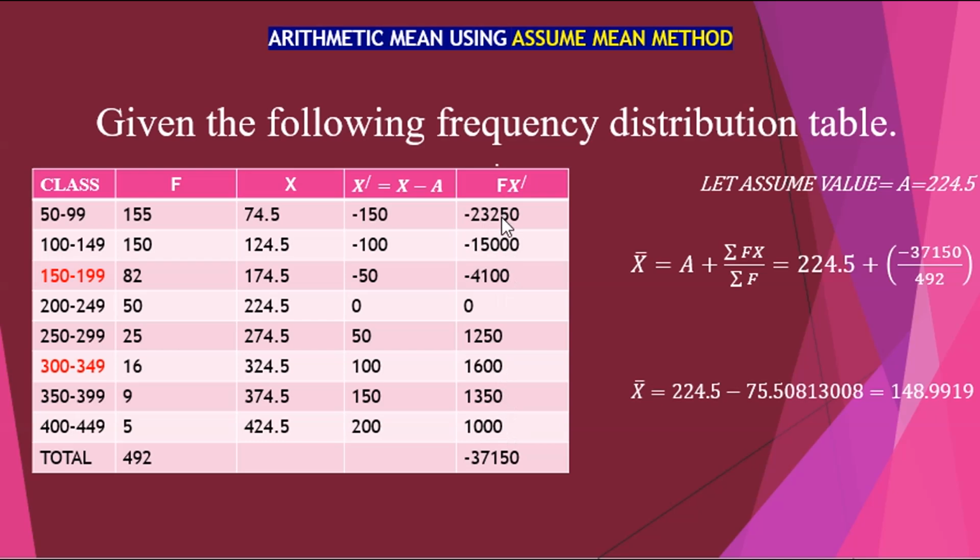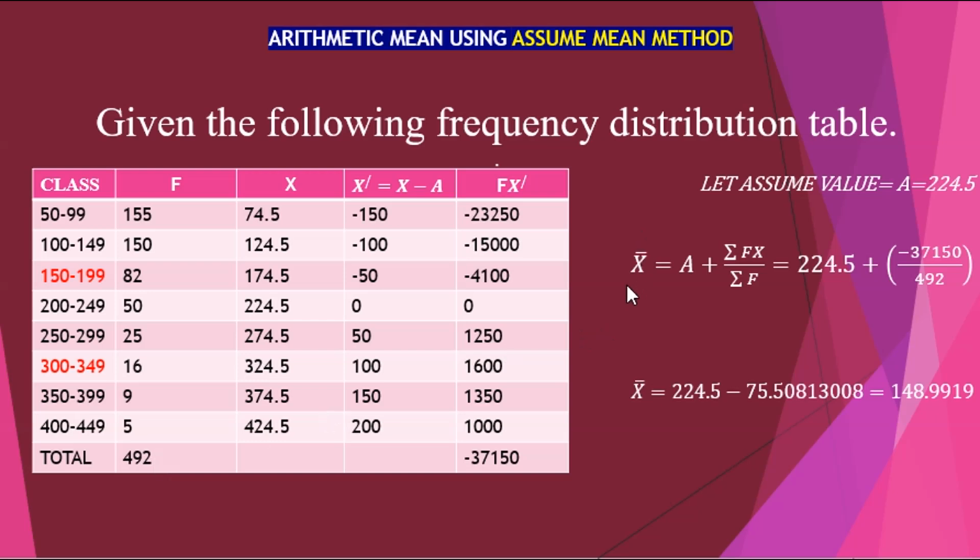Then we are going to sum everything together. Minus 23250 plus 1500 plus minus 1400, up to the last value, giving us minus 37150. That is summation of all this f x prime, and the sum of the frequency is 492.